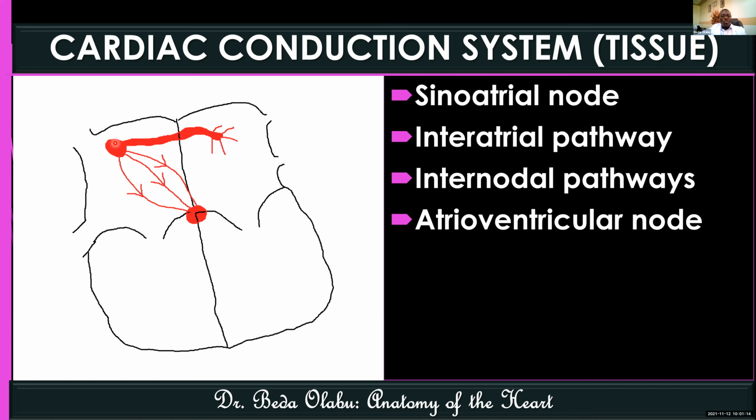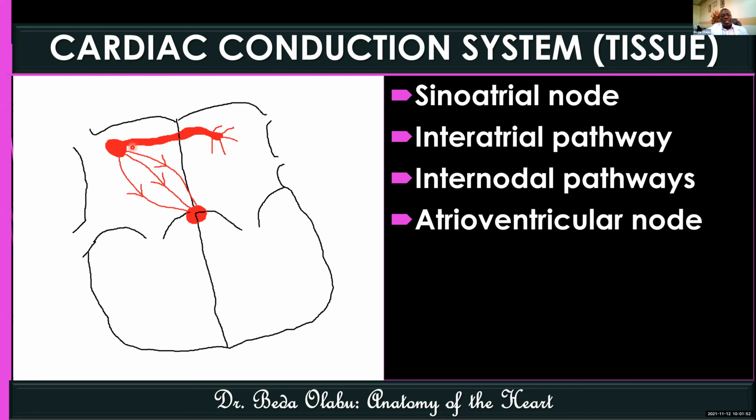So if impulses move from the SA node to the AV node and also to the left atrium, it simply means that the muscles of the right atrium and the muscles of the left atrium undergo depolarization. That means that they will contract then. If they contract, you want the blood that they are pumping to go to the ventricles. In that case, you don't want the atria and the ventricles to contract at the same time.